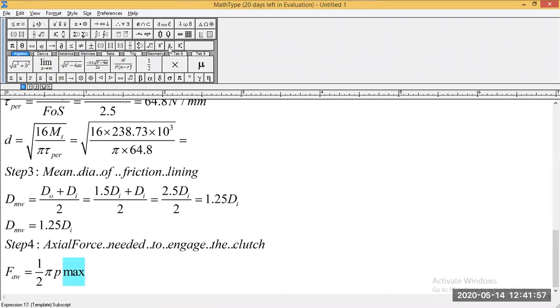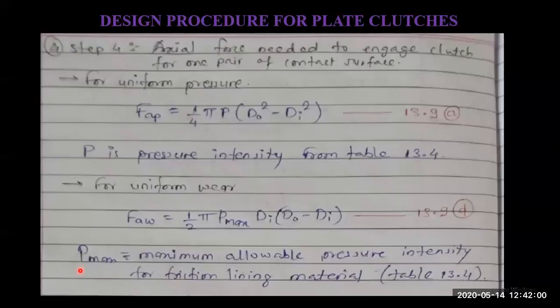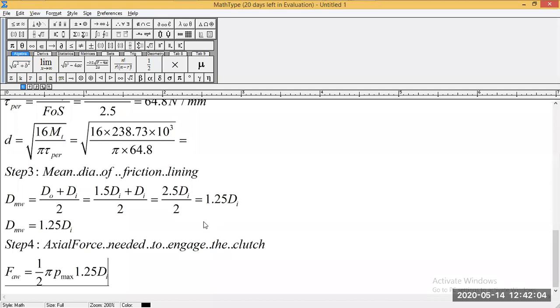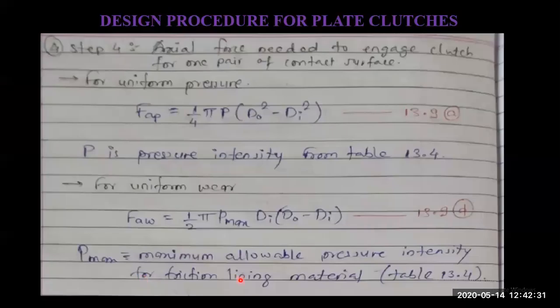This p max is the maximum pressure. So it is half pi p max di into d naught minus di, outer dia to inner dia. So this is given in the equation, 13.9d.